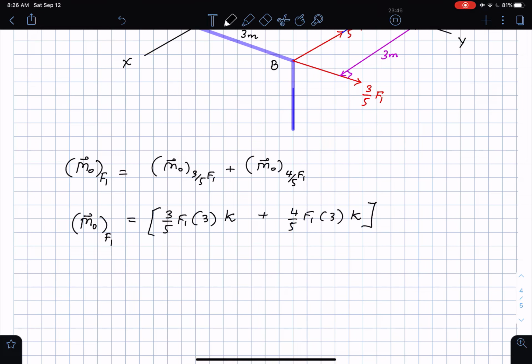And I can do the addition of these terms. So let me do that very quickly. This is going to be 3/5 F1, which was given to us, if I remember right, as approximately 200 newtons.